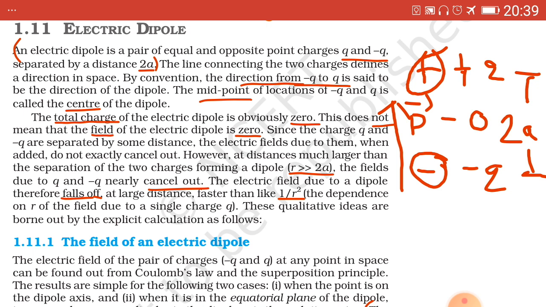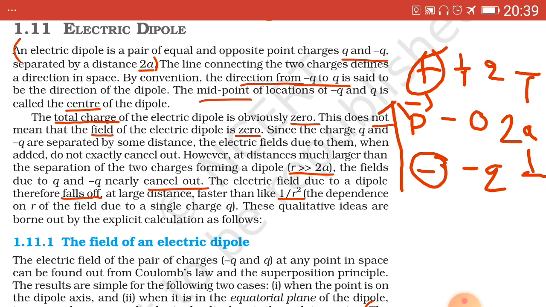By convention, the direction from minus q to plus q is said to be the direction of the dipole, and the midpoint is called the center of the dipole. Here in the figure, small p vector is shown.